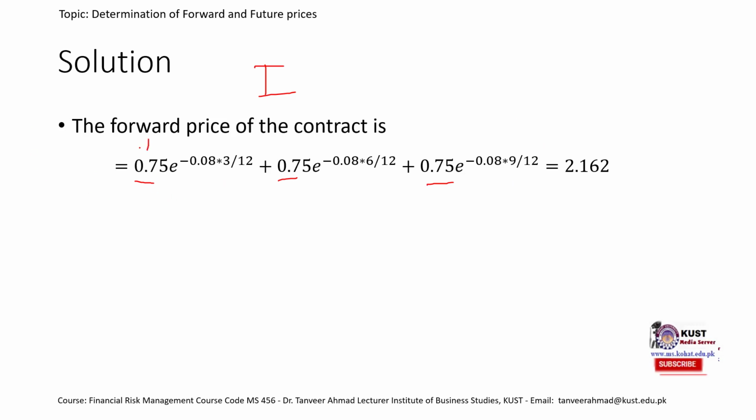So the first dividend is 0.75 into e, again the same formula, raised to power minus 0.08, this is the interest, remember we had 8% interest for all maturities, into 3 by 12. This would give us the present value of the dividend that is due in 3 months. This part would give us the present value of the dividend that we would receive in 6 months.